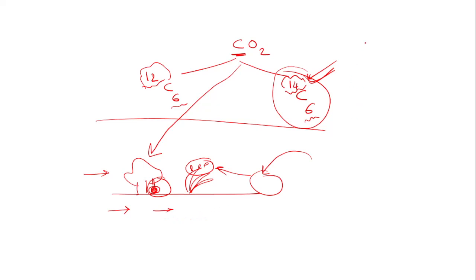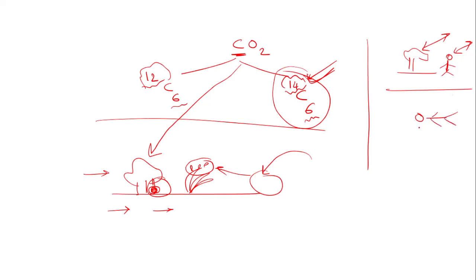As long as a plant or animal is alive, there is a steady exchange of radioactive carbon between the plant and the atmosphere, and similarly between the person and the atmosphere. But at the instant the person or plant dies, there is no exchange of carbon anymore. So whatever carbon is present in the dead person, dead plant or dead animal, the radioactive carbon starts to decay.